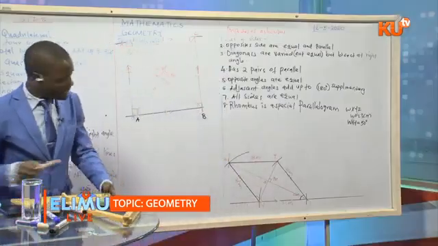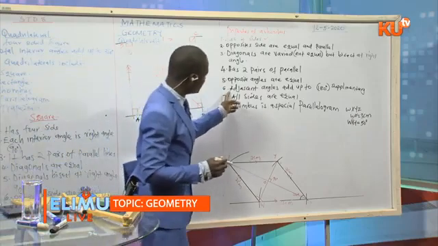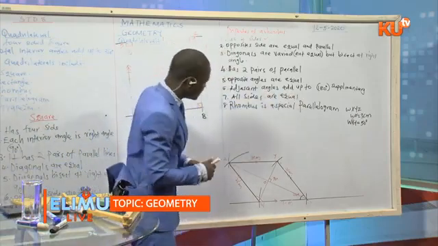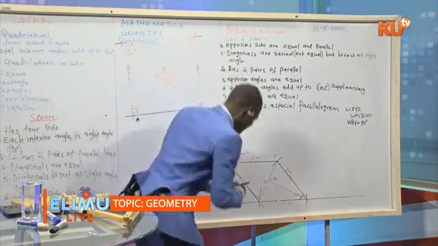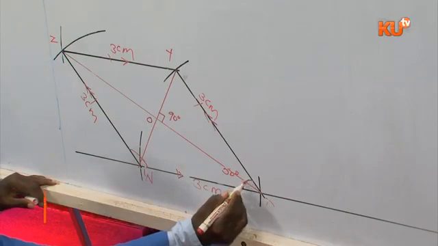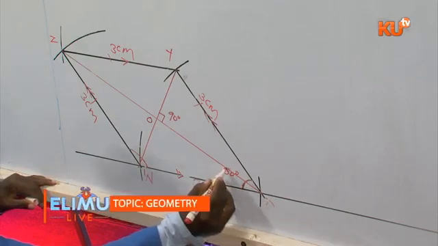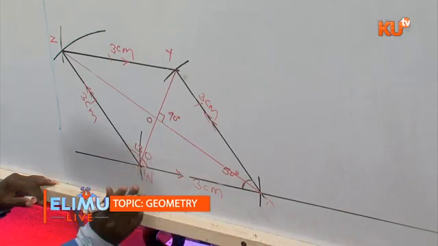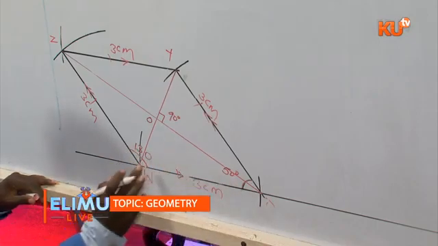true. Now the other part that I want to mention is that adjacent angles add up to 180 degrees. So adjacent angles are these angles. This one and this one must add up to 180. Now if this is 50, this one should be 130, so that when you add this and this, you get 180.